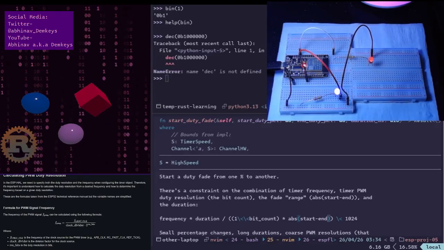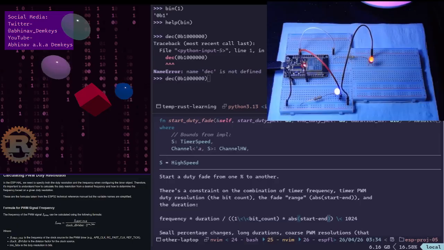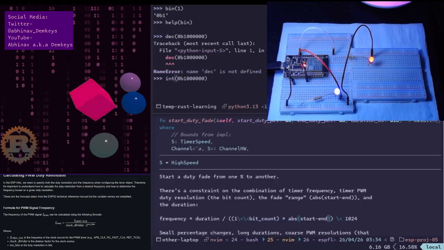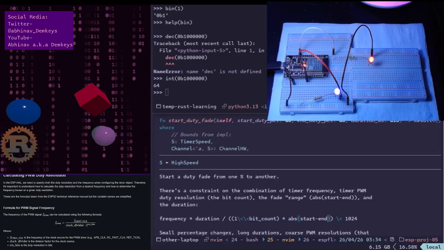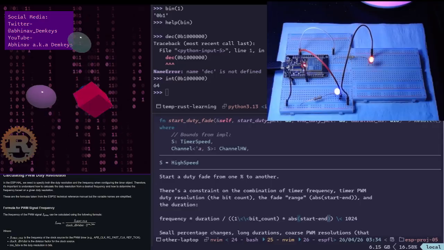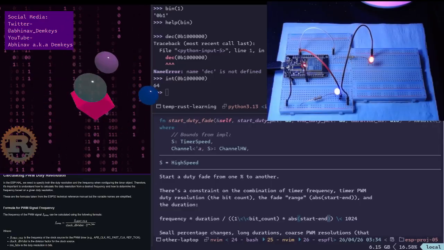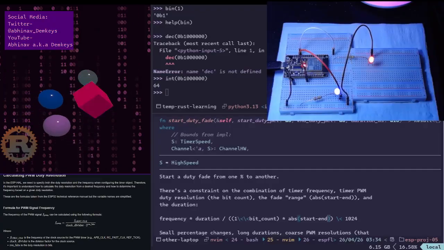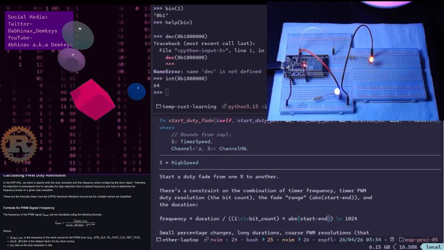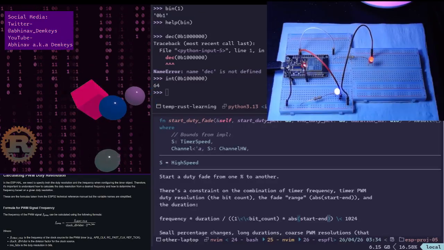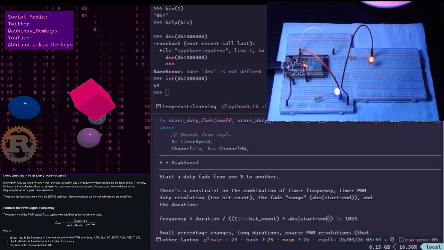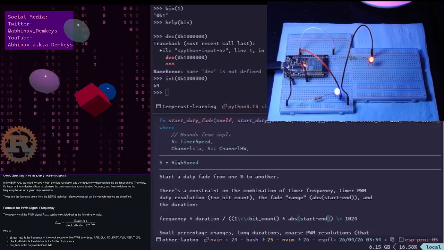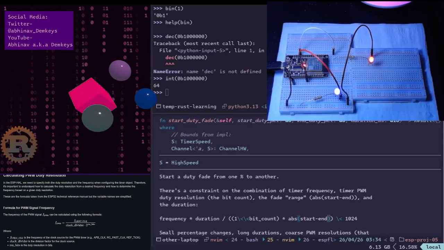Deck is not defined. Maybe int 64. All right. Hold on, dude. I did not know that this is a trick that we could use. This is basically the way of finding out, given a certain number of bits, what's the max value that you can represent.